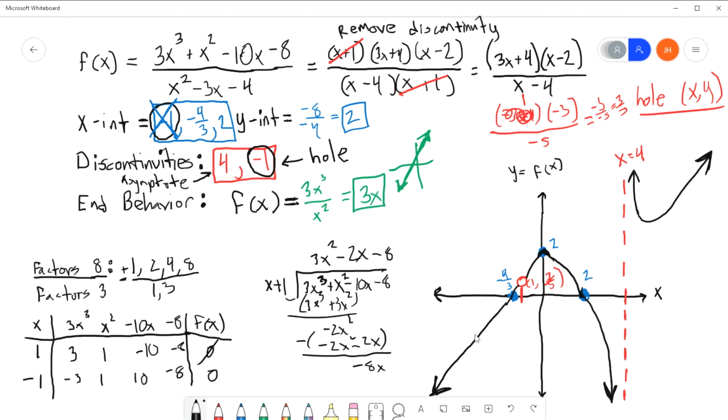So here I've sketched what this rational function should look like. Now, I know it might be intimidating, and it is a bit complicated to sketch rational functions. But the most important part about these rational functions and the sketching of graphs is that we're solving for the features.